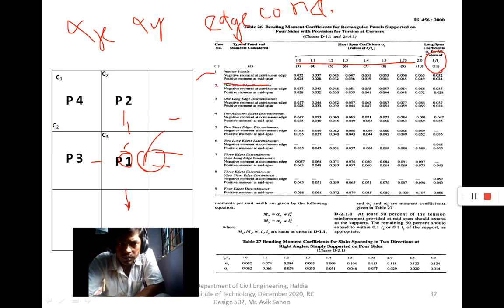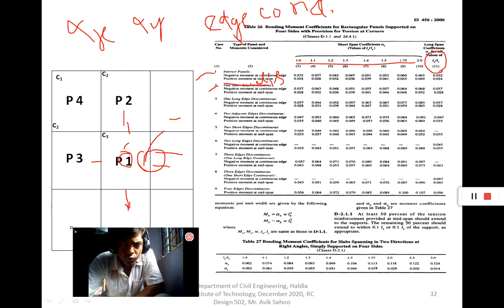Next, case 1 short edge. Here continuous is given but a printing mistake has been made. The actual case is one short edge discontinuous.